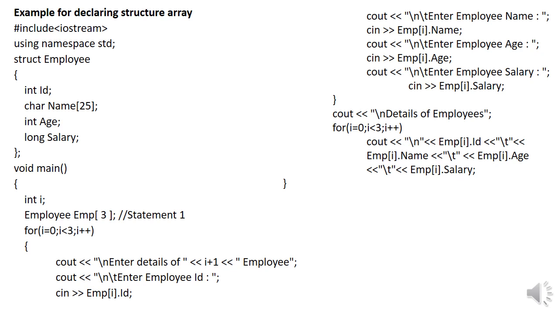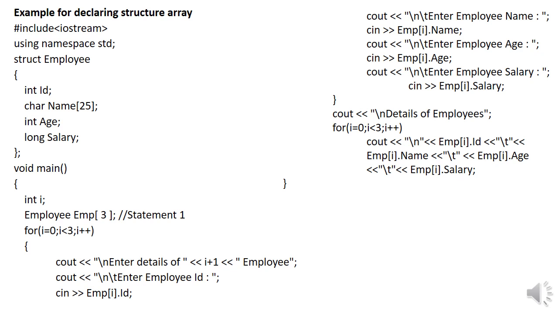Inside the for loop, the I value is initially 0, and 0 is less than 3. The first cout statement tells the user to enter the first employee's details, that is, enter details of 0 plus 1 employee. First the user is asked to enter the employee ID. Using the first object, emp[0], we read each value entered by the user.